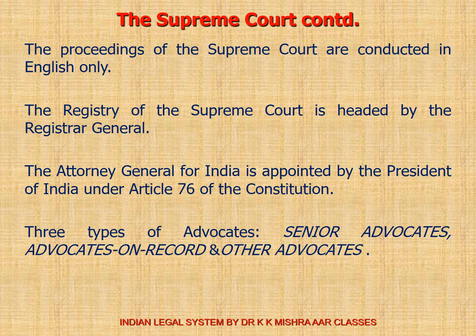The registry of the Supreme Court is headed by the Registrar General. The Attorney General for India is appointed by the President of India under Article 76 of the Constitution. Three types of advocates normally practice: senior advocates, advocates on record, and other advocates.